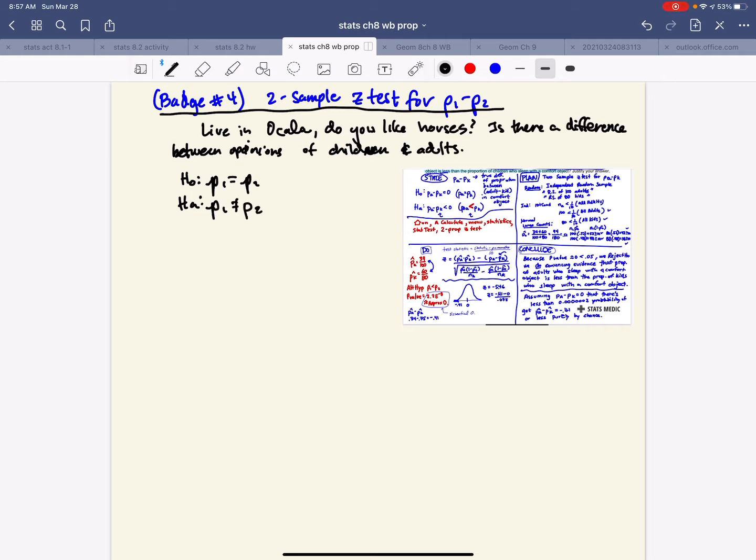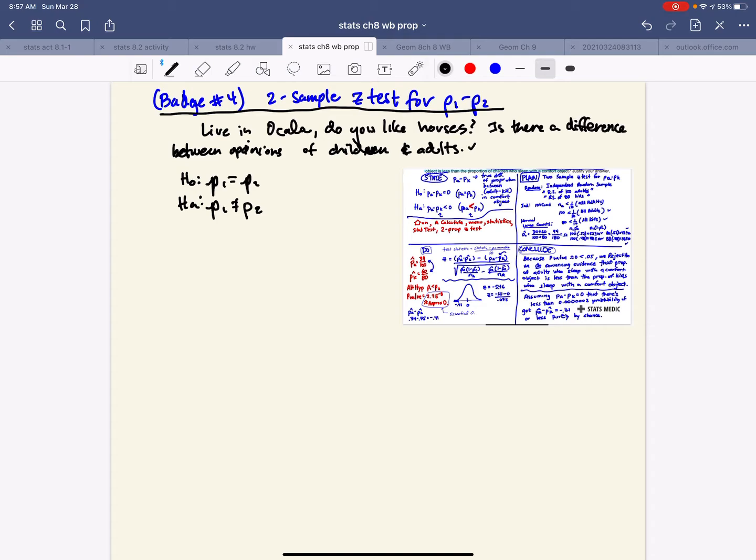Now, I do want to give this a twist. I'm not sure that badge 4 on the computer has it, but definitely on the AP exam, oftentimes they'll require you to do more than just a one-sided or more than just a two-sided. We should be prepared for a one-sided. So is there a difference between the opinions of children and adults? Let's just go with that.